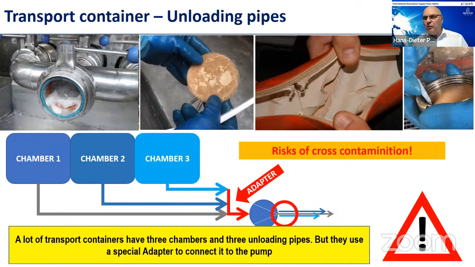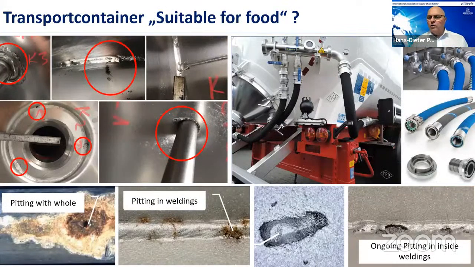And the other point is you have hoses, they can be damaged and you can't see it from outside. You have some gaskets or something like this, and this picture in the middle shows the rest of the product on site, and that can give you all these cross-contaminations back.